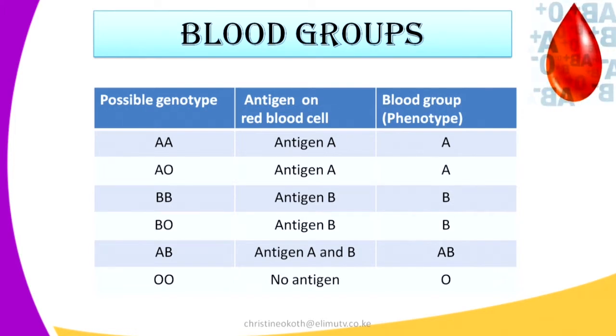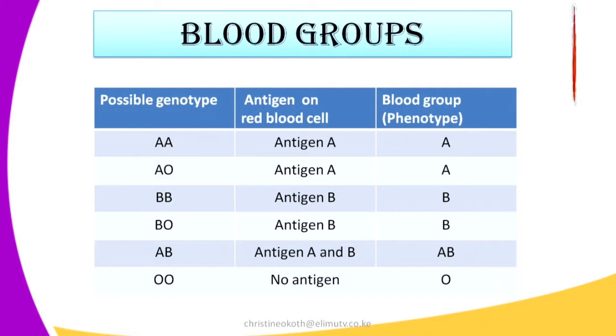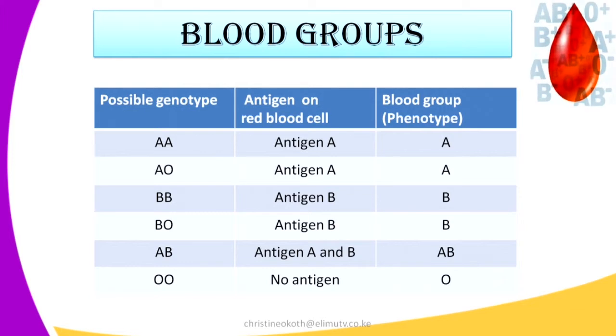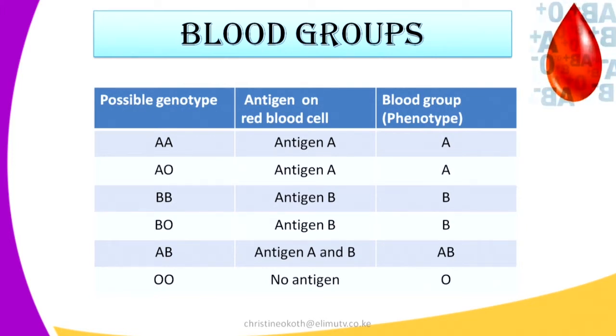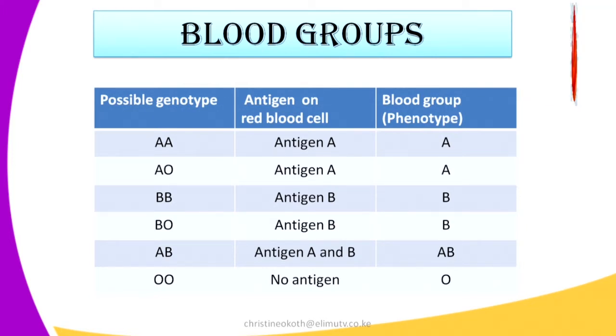We have a blood group we call B. It means your genotype, the genetic makeup, is B and B, and B is the dominant, so you have antigen B and your blood group is B. There's also another alternative of B. You can have the genotype of BO. It means you have antigen B, which is still the dominant.